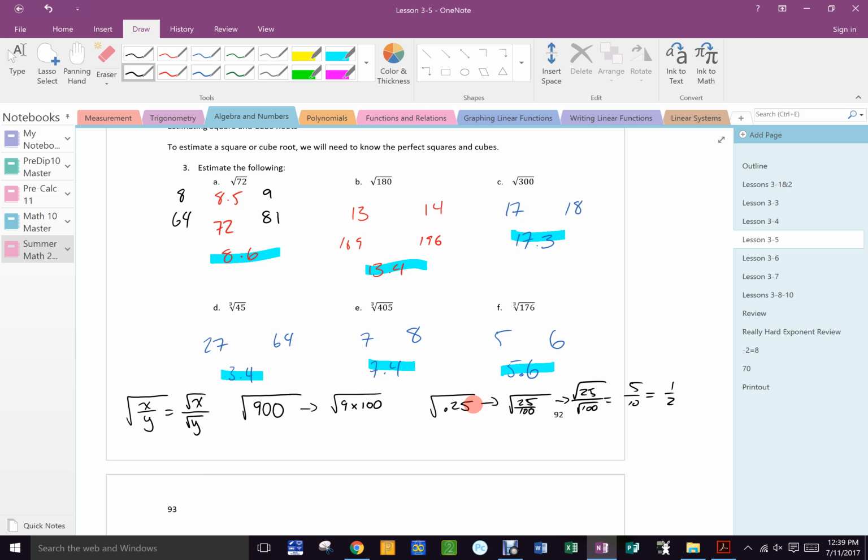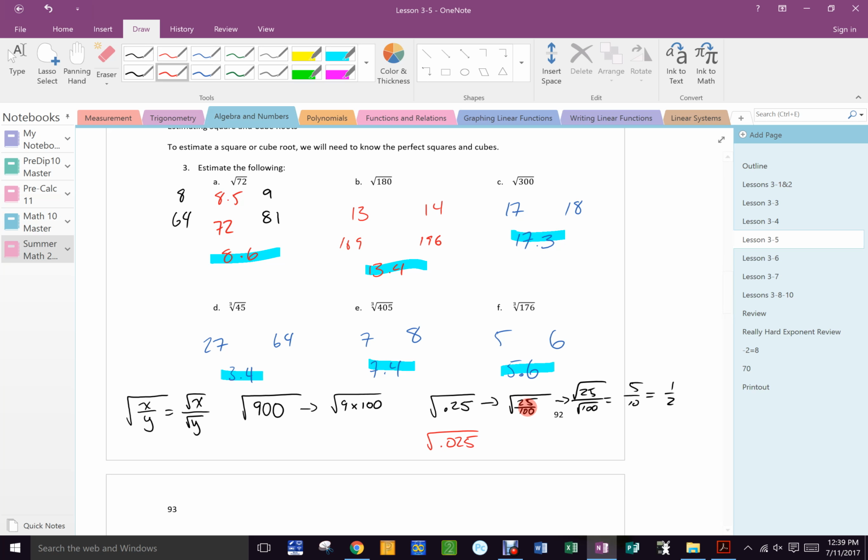Okay. So the last thing that always screws kids up is this. If you know the square root of 0.25 is 0.5, what then is the square root of 0.025? Follow this pattern.